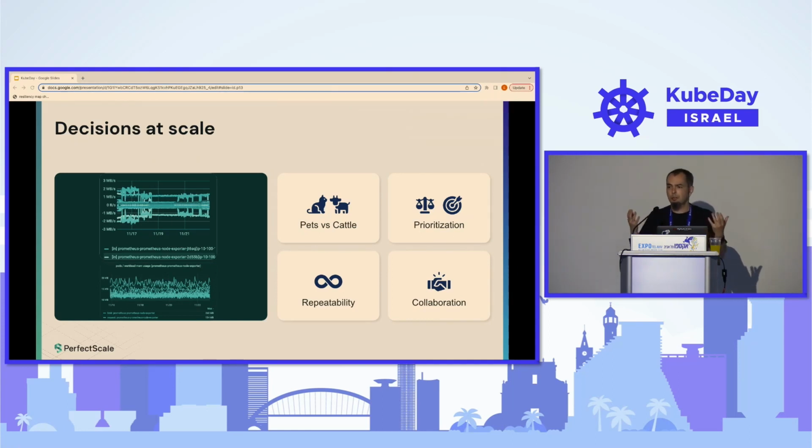It's a constantly changing environment, and this work needs to be repeated. You will not finish it in one action. And to get the best results from your attempt, you will need to collaborate. You will need to collaborate with your R&D and developers. You will need to collaborate with FinOps. You will need to collaborate also with and understand which cluster you're running, which cloud you're running, and how it's built.